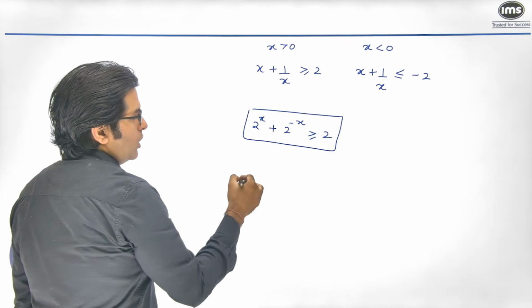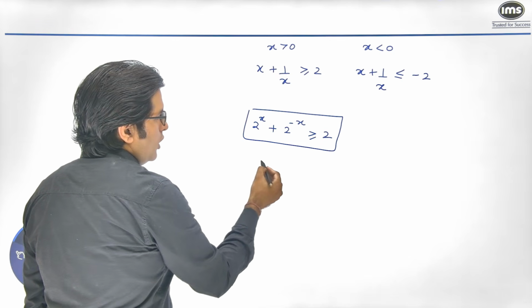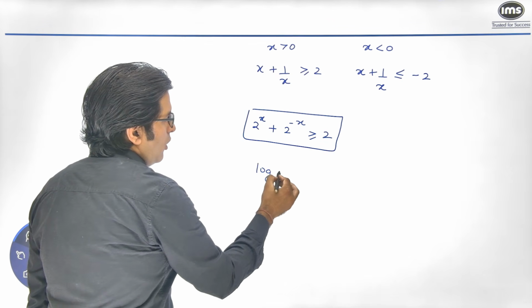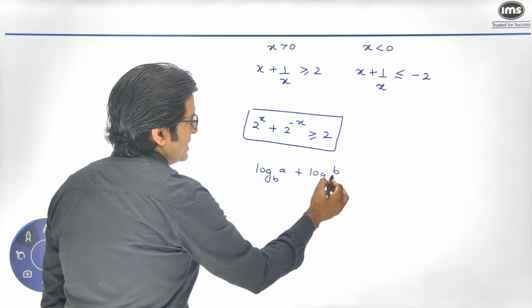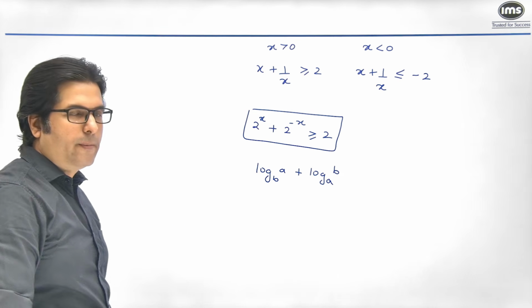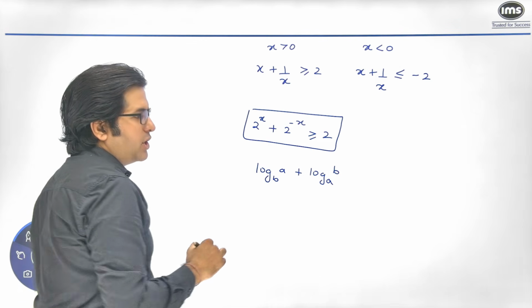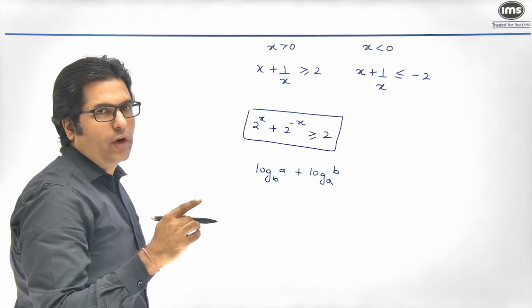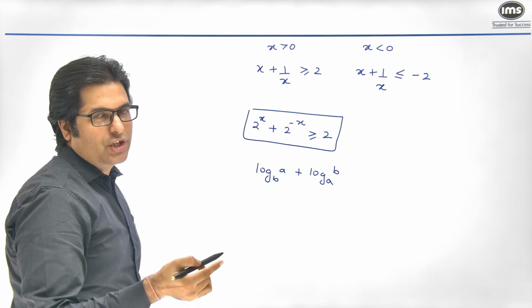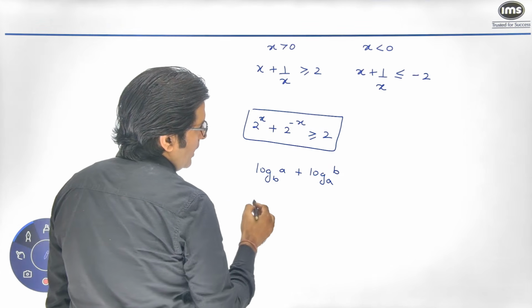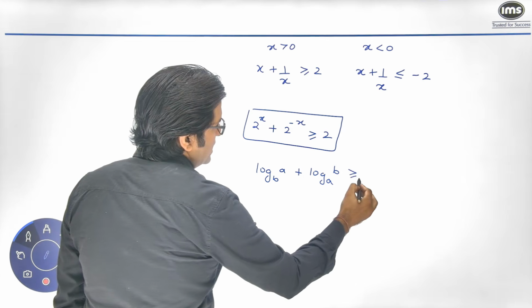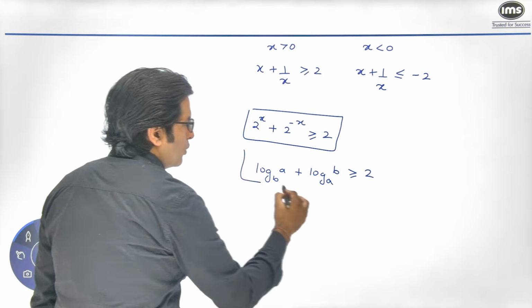We also can represent it in the form of logarithms and say log a to the base b plus log b to the base a. Can I say these are terms which are reciprocal of each other? So if both a and b are greater than or equal to 1, then we can say that this expression will definitely be greater than or equal to 2.